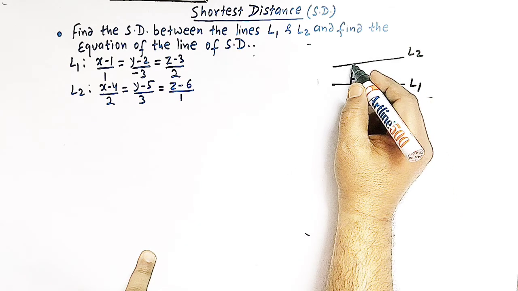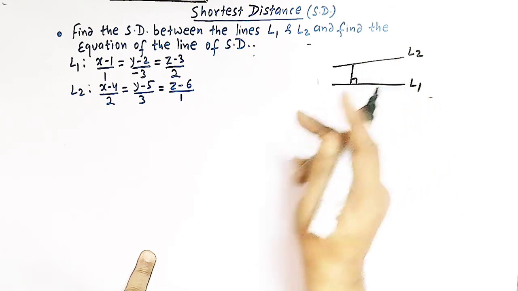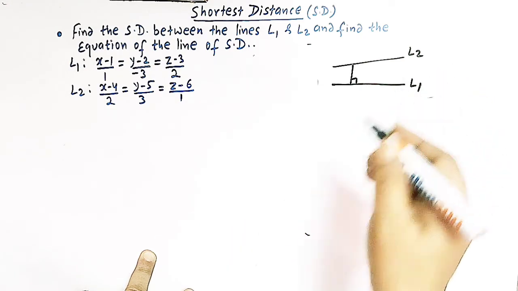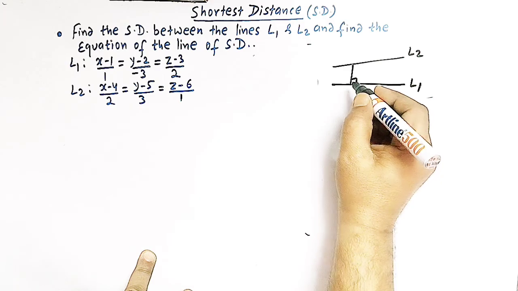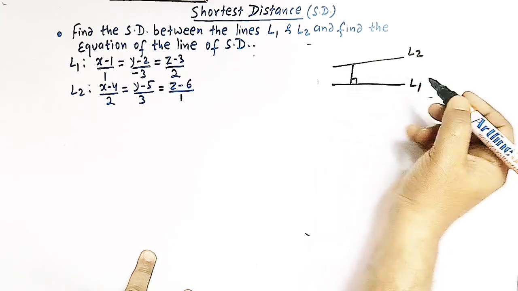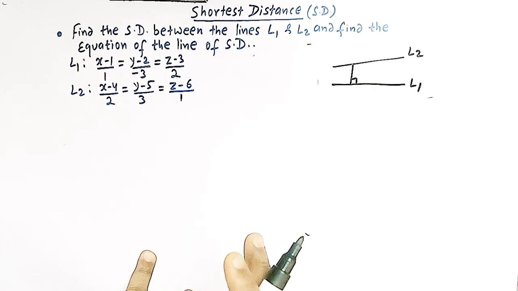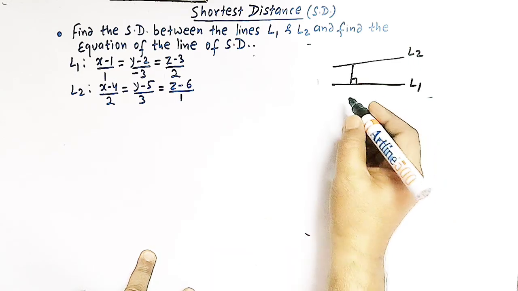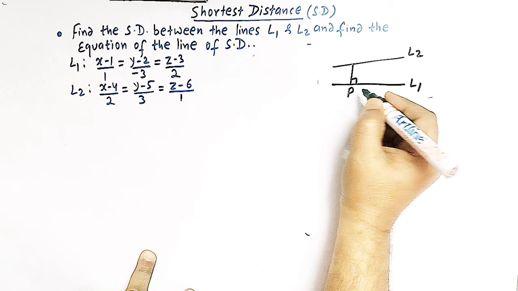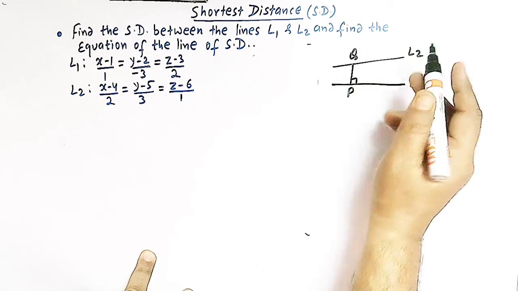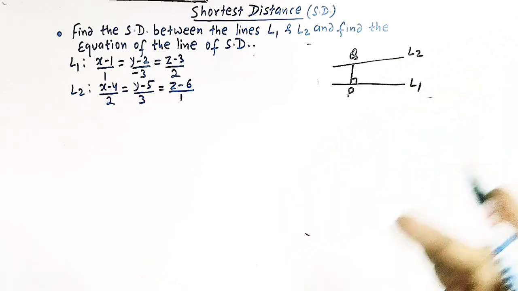And remember, this shortest distance is unique, because there is only one line segment between these two non-coplanar lines which is perpendicular to both the lines L1 and L2 simultaneously. Suppose this point is P and this point is Q, and remember L1 and L2 lie on different planes.